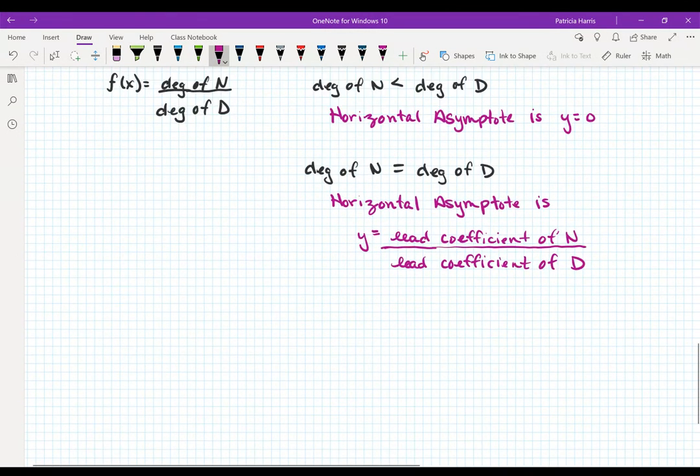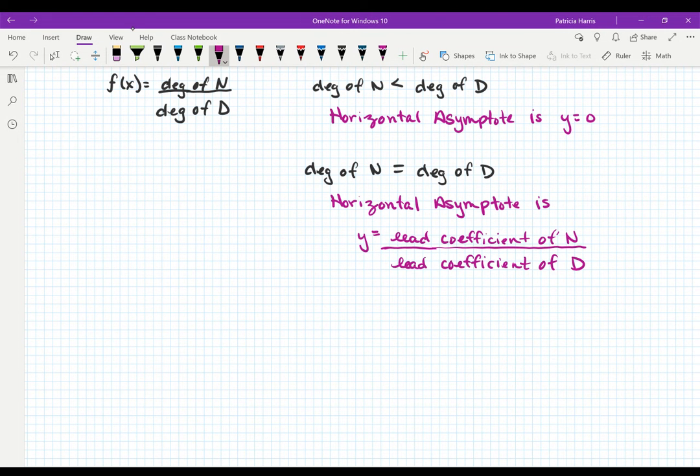All right. Now, if the degree of your numerator is greater than the degree of the denominator, okay, then you don't have a horizontal asymptote.